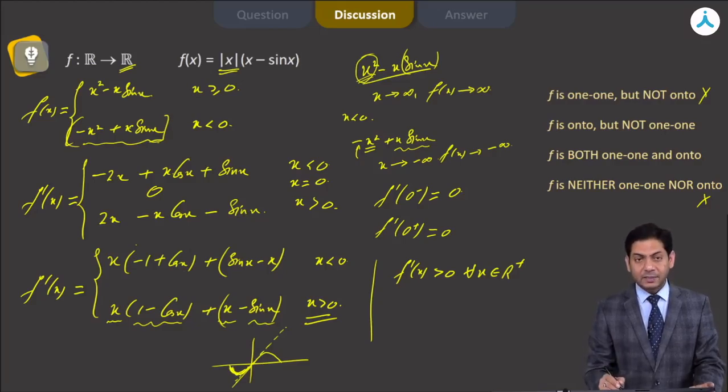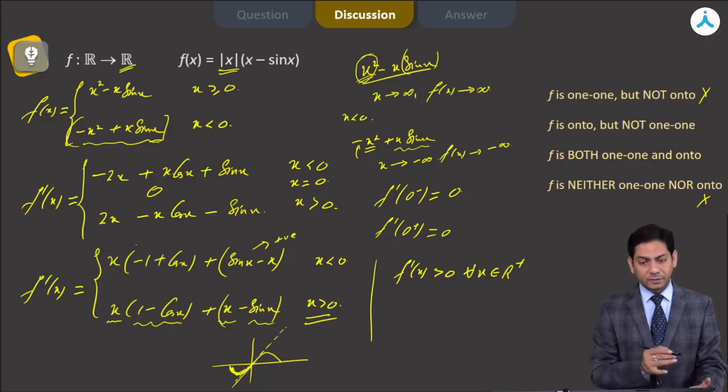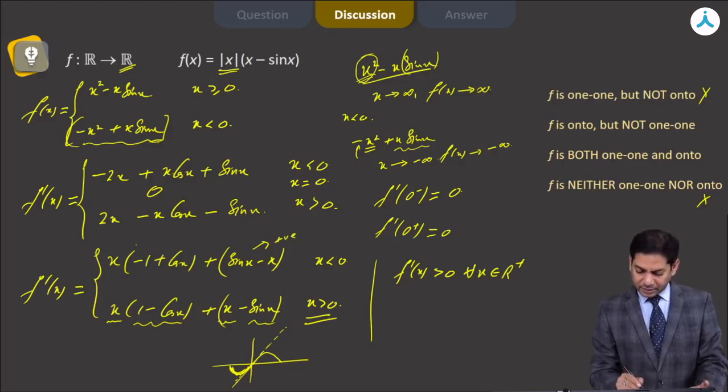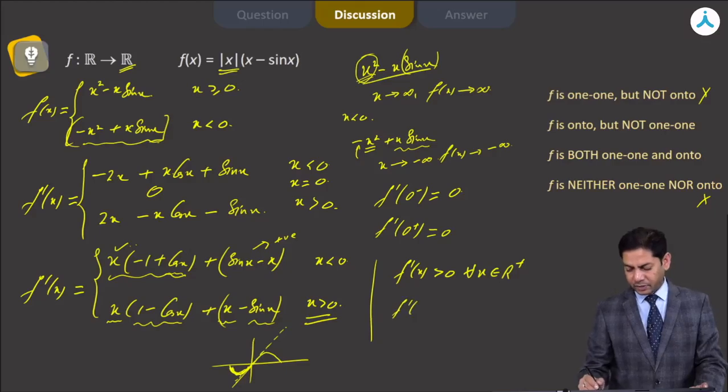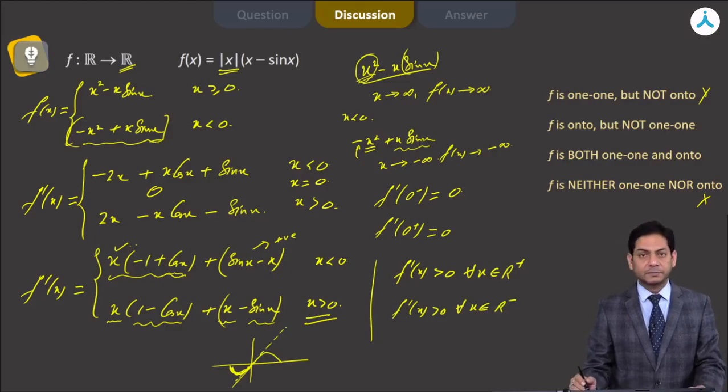That means sin x minus x is going to be a positive quantity for all x less than 0. Here cos x minus 1, that is minus 1 plus something between minus 1 and plus 1, will be a negative quantity. And x is also negative. That means this part will also be positive. So positive plus positive, we are getting that f dash x is greater than 0 for all x belonging to R minus also. So derivative is positive for x greater than 0, positive for x less than 0.